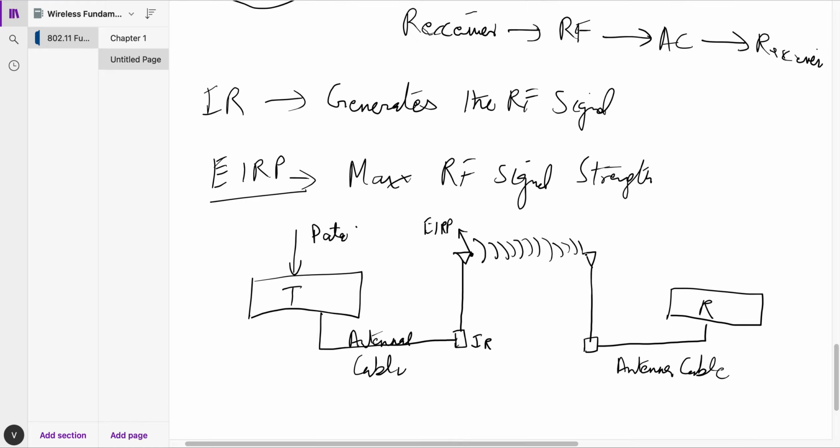Okay, here RF is received and sent all the way to the receiver. Data comes, hits the transmitter through the cable, goes to the IR, goes to the antenna. EIRP is calculated and sent out in the form of RF. Here RF is received and is converted to AC and sent to the receiver.